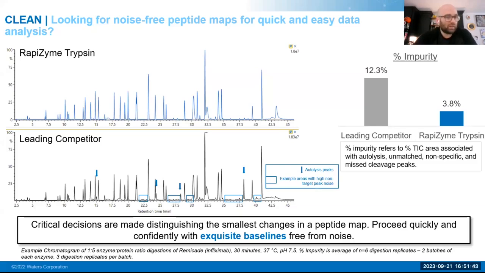Are they present due to the actual biosimilar itself, or are they part of the trypsin? All that has to be further identified and characterized, which complicates the process and makes the determination of biosimilarity even more difficult. With the introduction of Rapizyme, you'll see a very flat baseline, with no artifacts related to trypsin digestion on itself, and that's going to be critical to having an efficient peptide mapping assay that minimizes all those artifacts that can complicate your analysis.